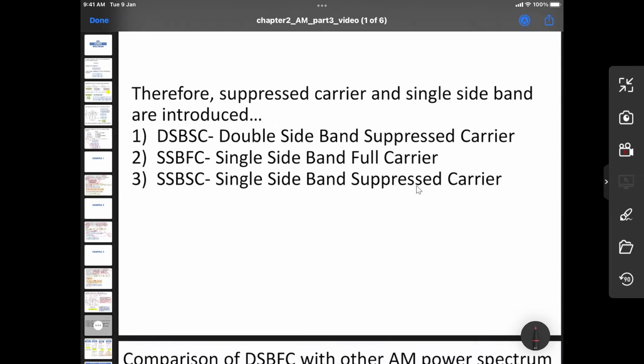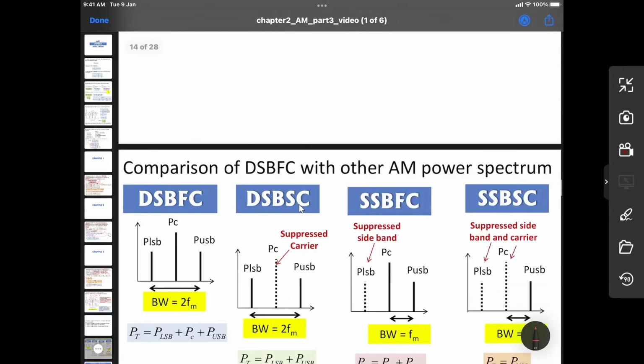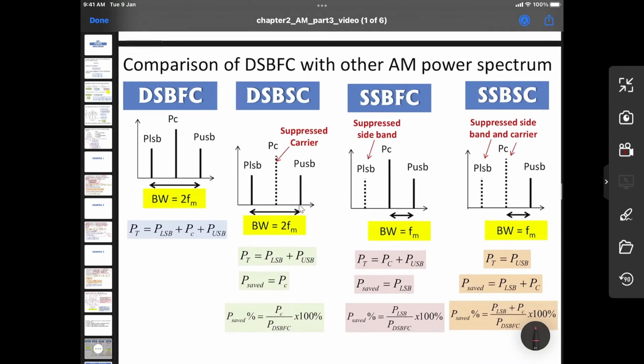They suppress the carrier and another sideband, okay? So how does it look like, okay? So we can see that, okay, here double sideband full carrier, we have the signal at the lower sideband, the carrier and the upper sideband. So we have the bandwidth 2 FM here, and the power we total up all of those, okay?